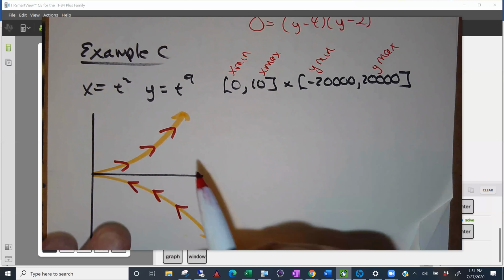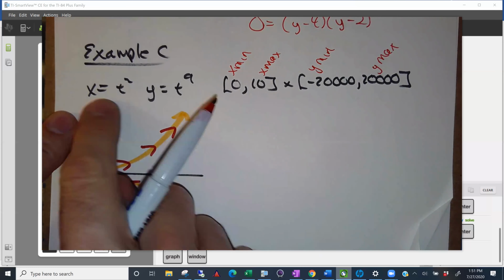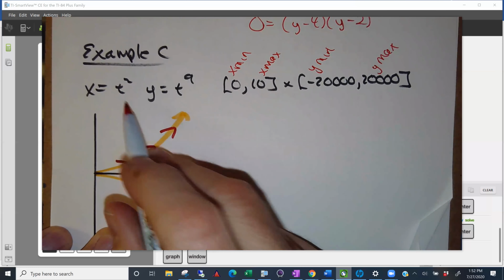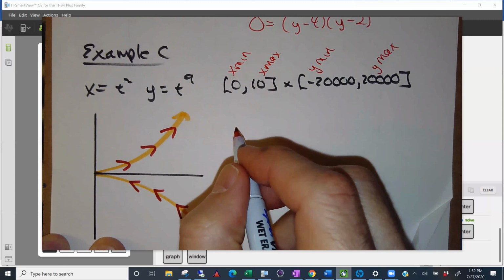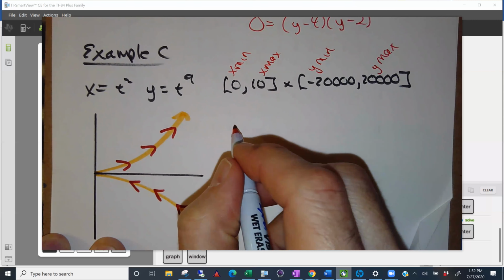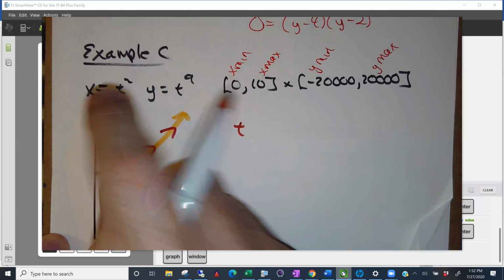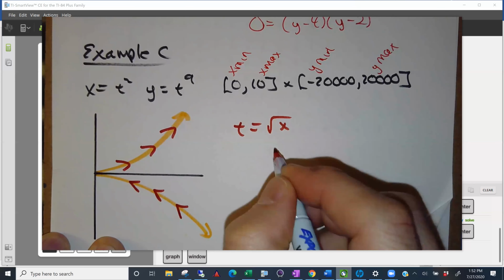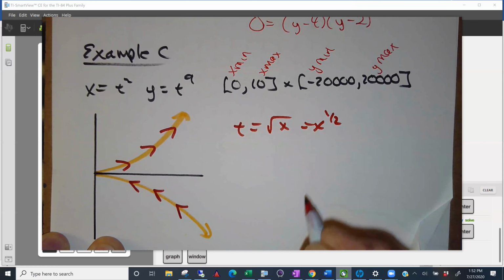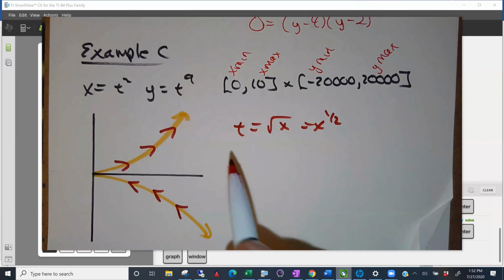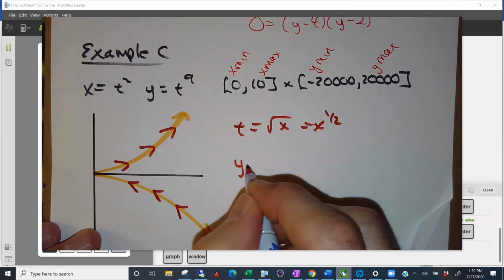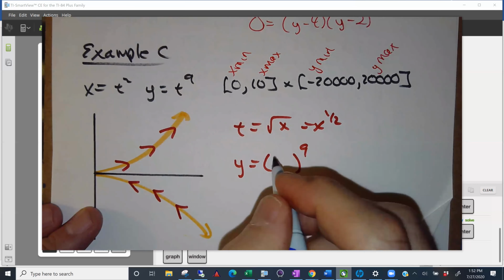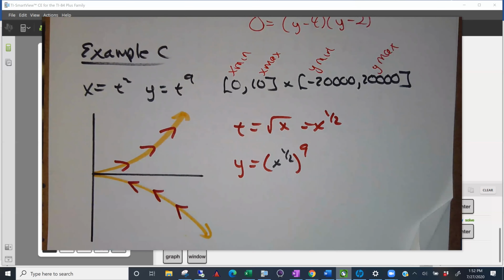You could solve for x versus y. Let's do that. I don't think the problem called for it, but it doesn't hurt to practice. Let's get t by itself: t equals the square root of x, or x to the 1/2. I could plug that in here. I get y equals x to the 1/2 raised to the 9th.